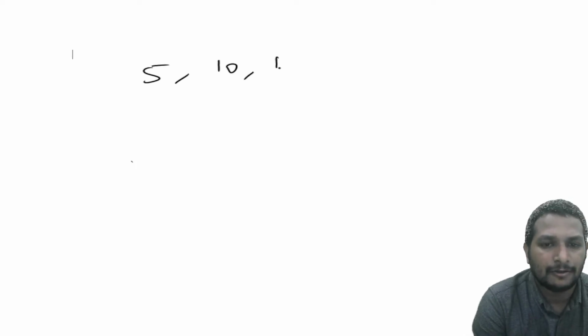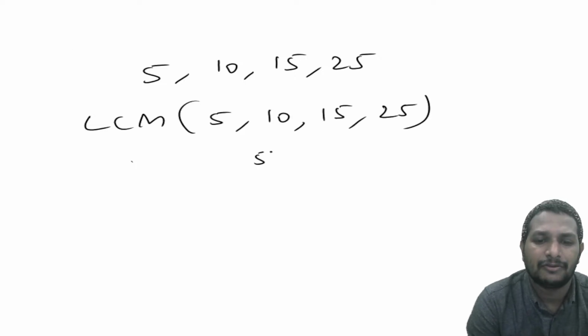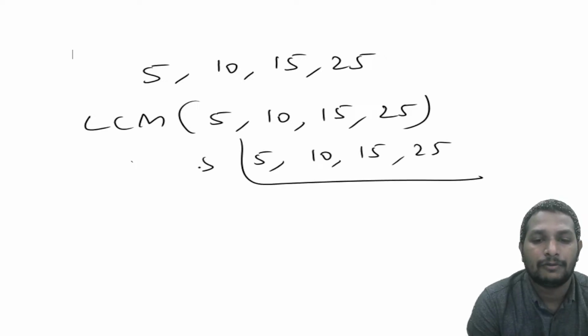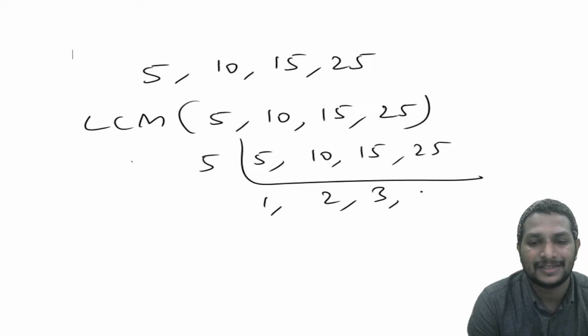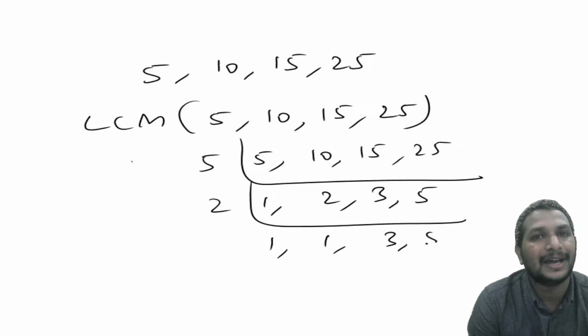Numbers are given there: 5, 10, 15, 20. That's nothing but the LCM of these numbers only. If I find the LCM carefully, 5 ones, 5 twos, 5 threes, 5 fives. All these are prime numbers. Write them directly, right?